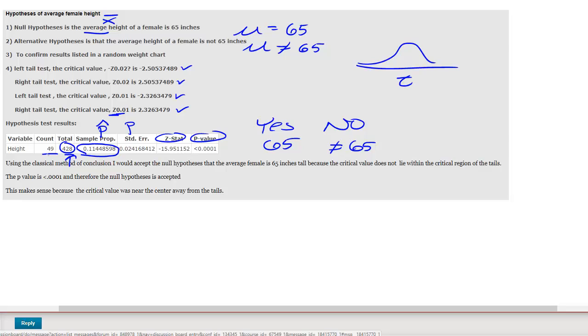So they've taken numerical data and downgraded it to qualitative data, a bunch of yes-nos, which is not the best thing to do. Sometimes it's necessary for certain types of analyses, but in this case, it's not. It would have been better to run a t-test on the numerical data and use your actual hypotheses of equal to 65 and not equal to 65.